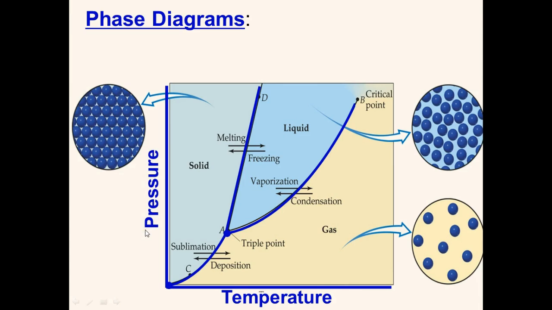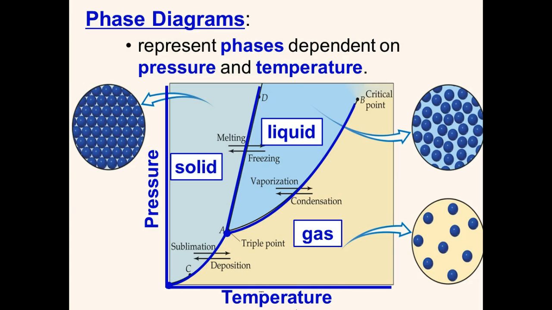So this is sort of like a coordinate grid, and it shows where a specific substance is a solid, liquid, or a gas at specific temperatures, which are on the x-axis, and pressures on the y-axis. So think of them as points. So you just use the two axes to figure out where the points are.